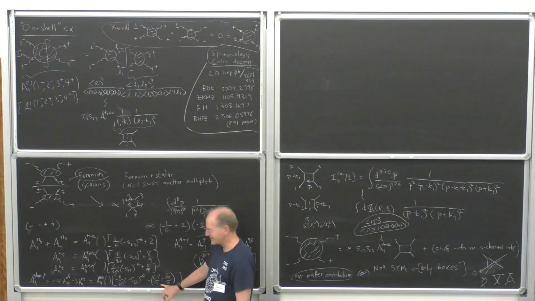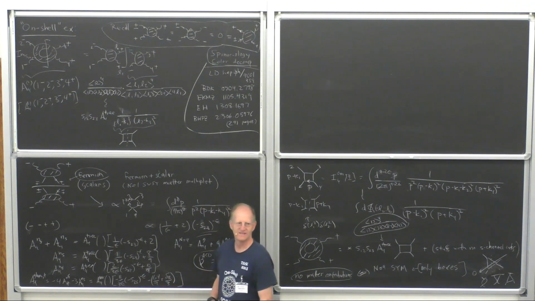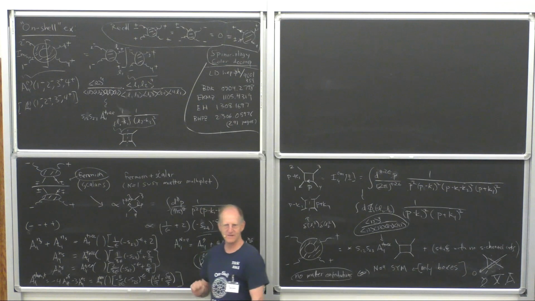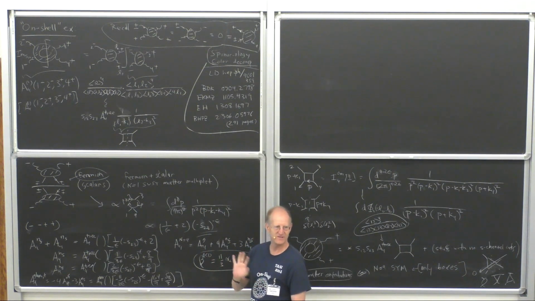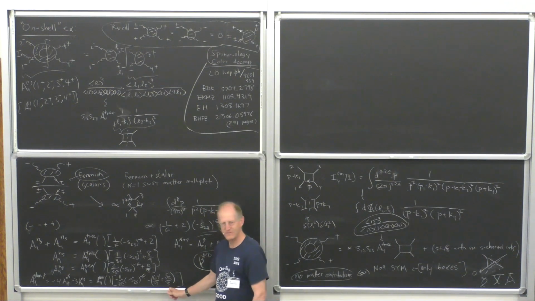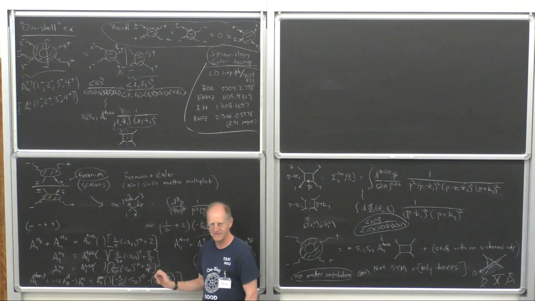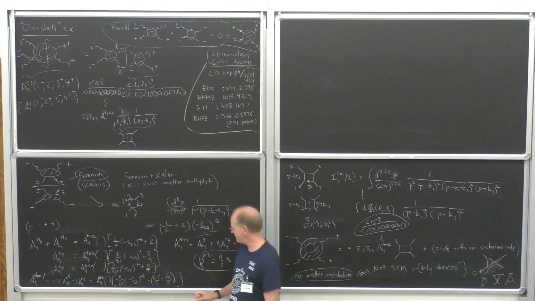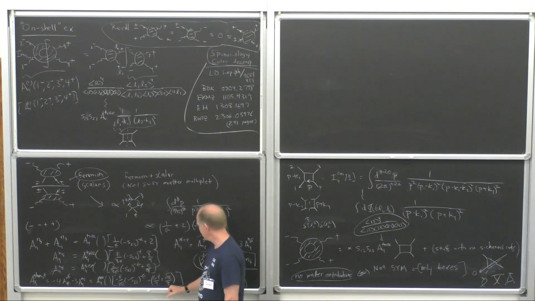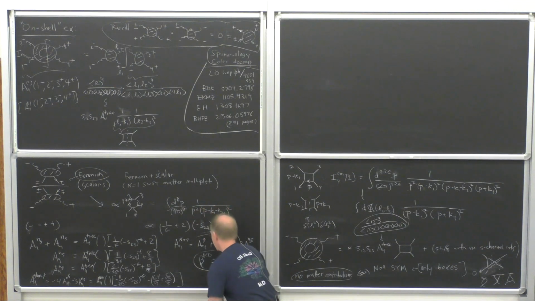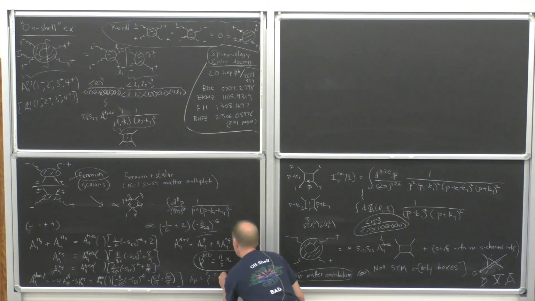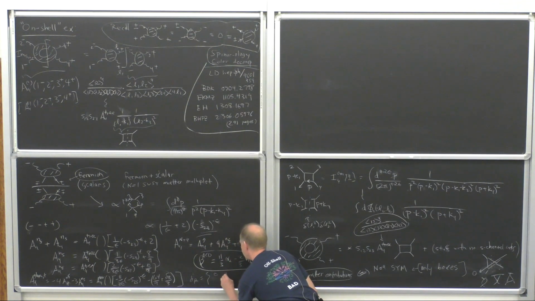There's also this finite piece, and that one turns out to be related to something called the cusp anomalous dimension at 2 loops. In this case, you have to be in the right scheme. And this supersymmetric scheme is not the scheme people normally use. When you shift to a more conventional scheme, there's an extra little bit here where delta R is 0 in what's called DR bar, which is supersymmetric.